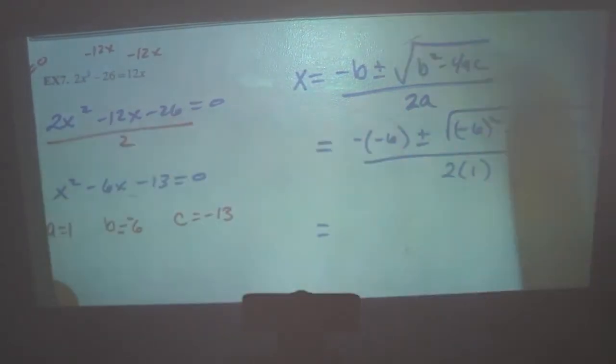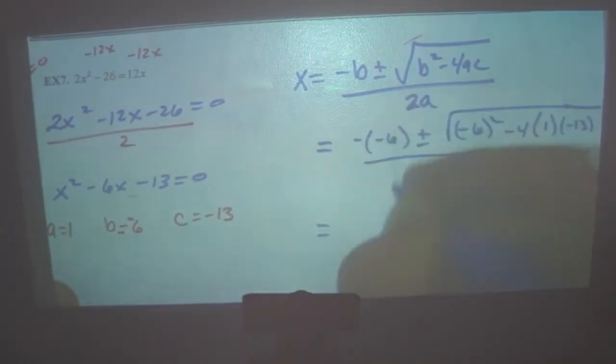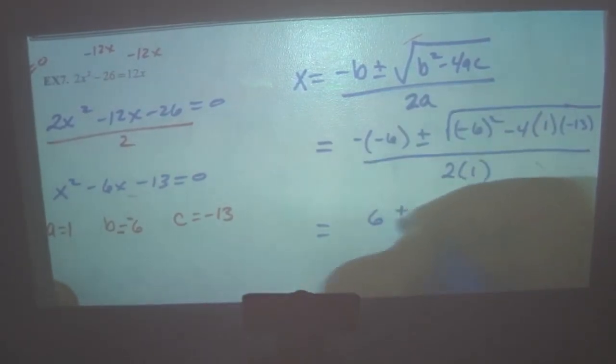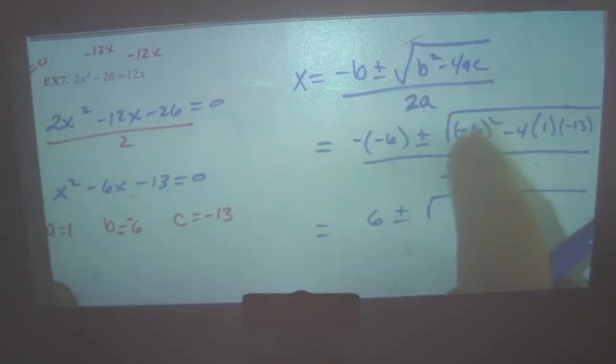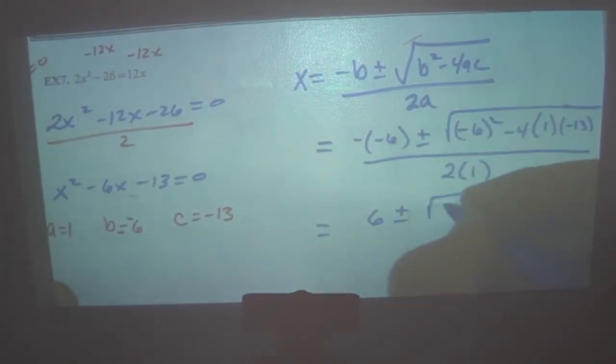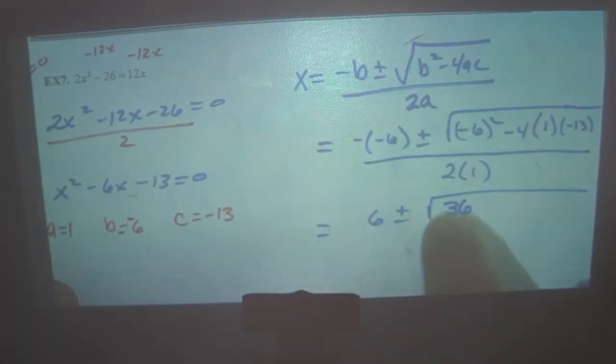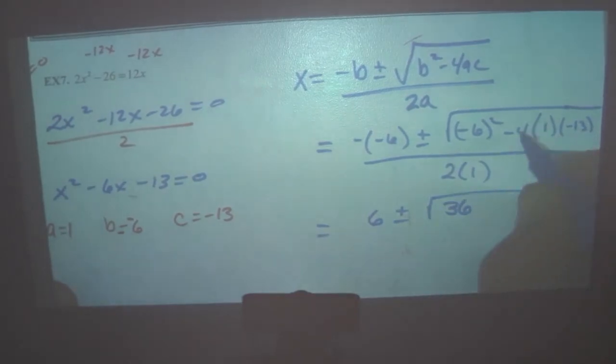Now, usually I jump right to this step. I'll do the opposite of negative 6 right now. This is usually where I'm at when I'm plugging stuff in. I remember that anytime I square anything, it's always a positive. So remember that number is always a plus inside to start. Then I've got minus 4 times 1 is negative 4 times negative 13.